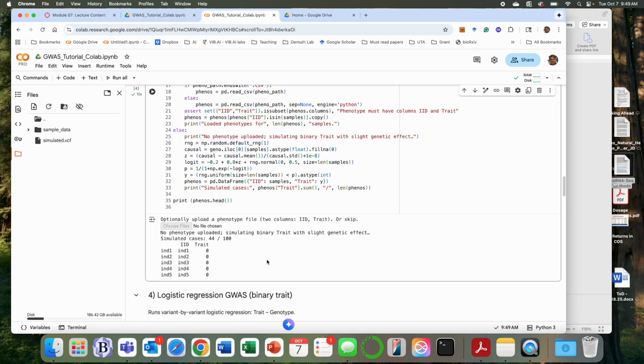It's just going to generate case control data across all of them. I think it does it randomly, but I told it to do a slight genetic effect.